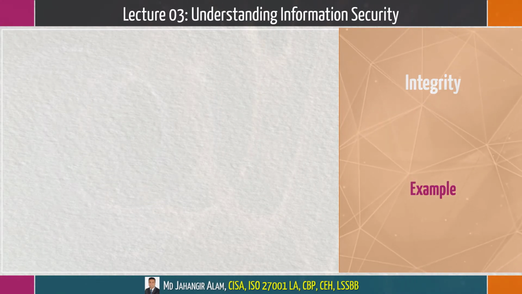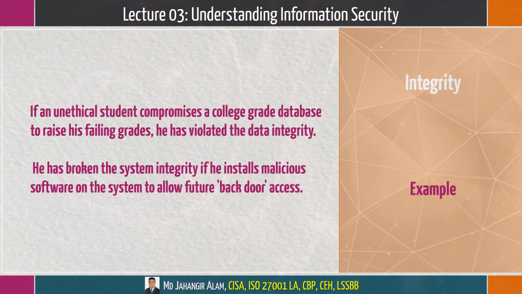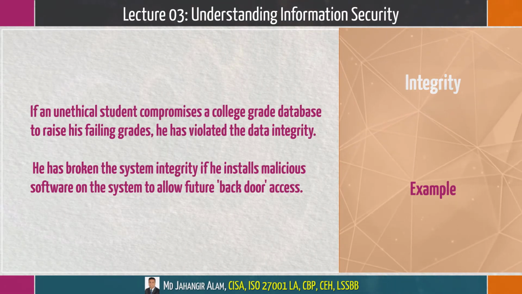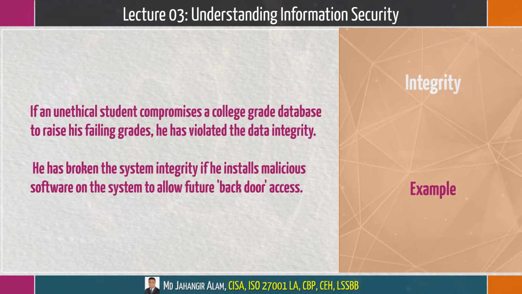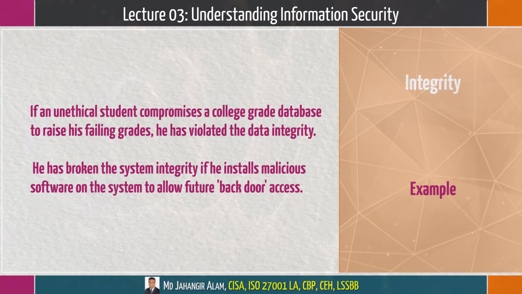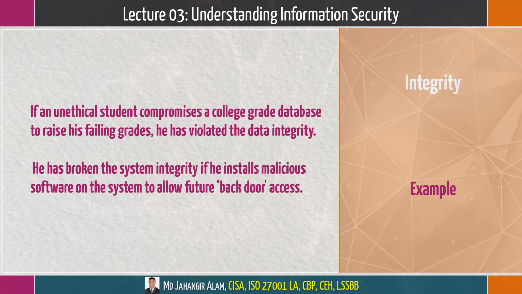We will now see some examples of integrity. If an unethical student compromises a college-grade database to raise his failing grades, he has violated the data integrity. He has broken the system integrity if he installs malicious software on the system to allow future backdoor access.